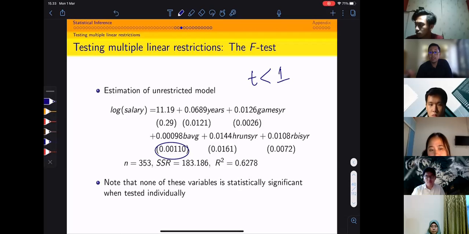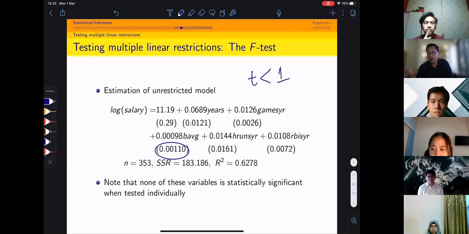Then a question arises: if performance measure is a significant determinant of salary, then why is it not statistically significant? Perhaps individually it's not statistically significant, however, altogether or simultaneously they're statistically significant.